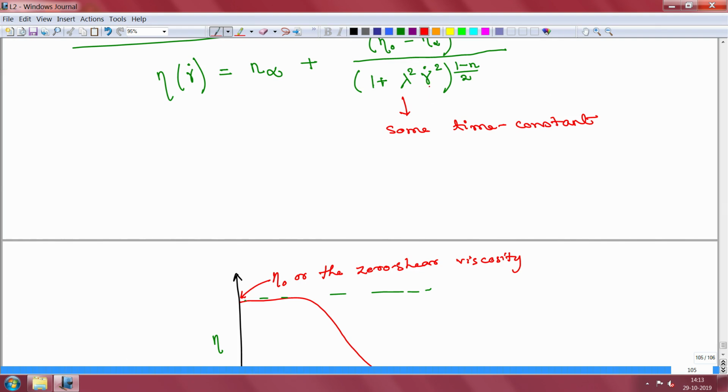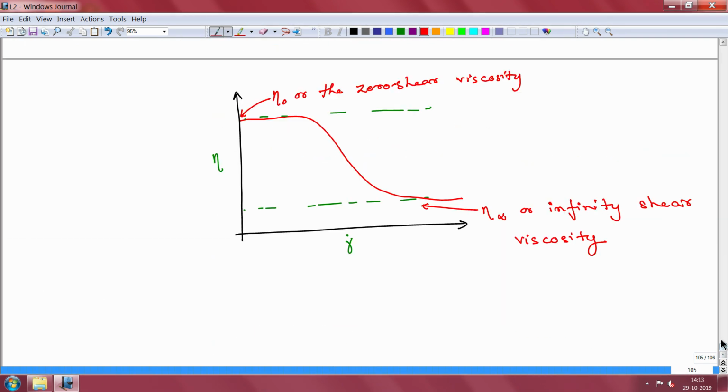Gamma dot is the shear rate, and then you have a parameter n. Okay. So, this parameter n governs the shear thinning phenomena.